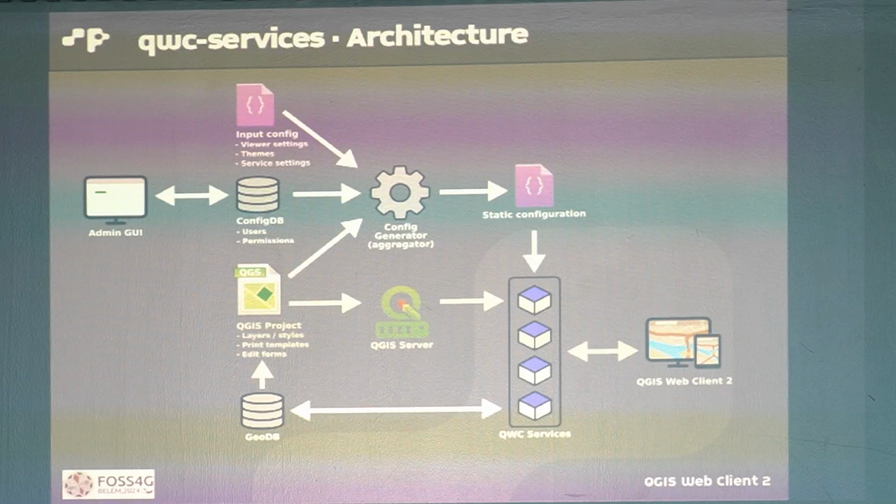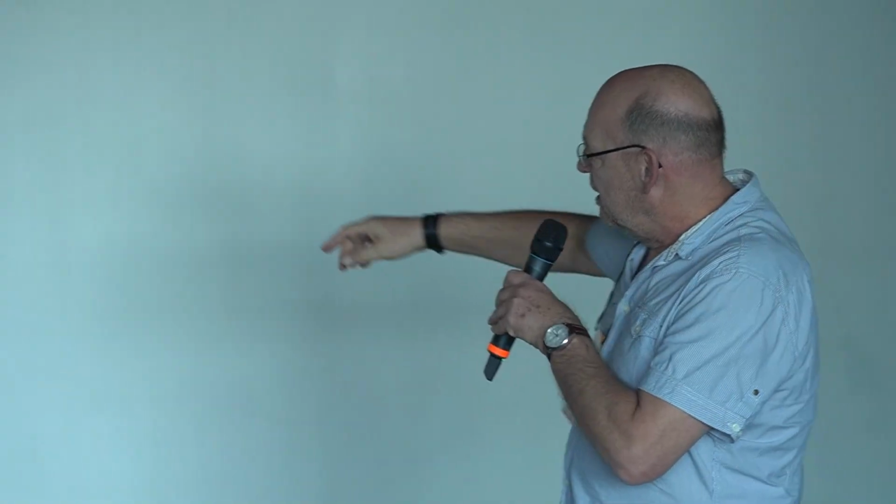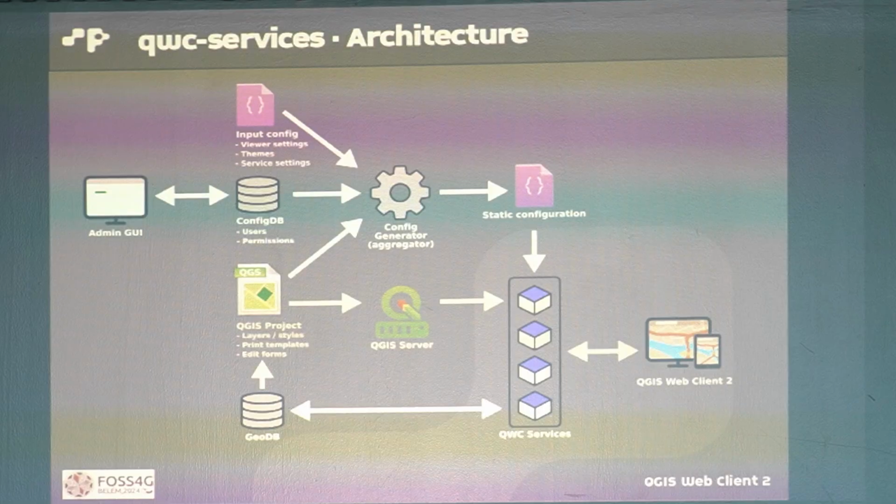For example, the geodatabase, where the geodata are stored, a configuration database, and the QWC services, and the whole architecture combines them together with the config generator and the admin GUI. You have control over all these components, and you put them together so that you get a full-featured web client at the other side, on the right side.